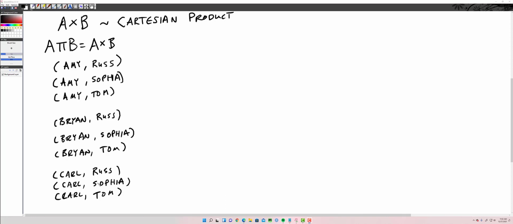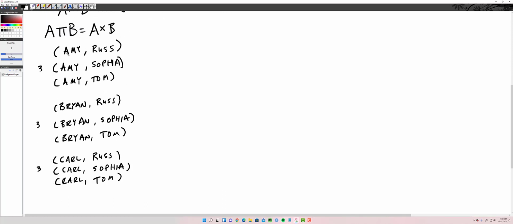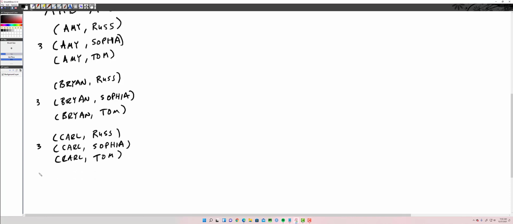Okay? And so you'll notice immediately there's 3 in this group, 3 in this group, and 3 in this group. And these groups, by the way, are Amy paired with someone from B, Brian paired with someone from B, and Carl paired with someone from B. Now, this is a total of 9 pairs. So for a total of 9 possible pairs.